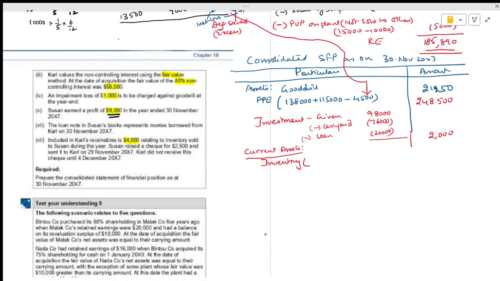Okay, 15,000 plus 17,000 minus unrealized profit. How much is the unrealized profit? 1,600. 32 minus 1,600. How much will it come? 30,400.